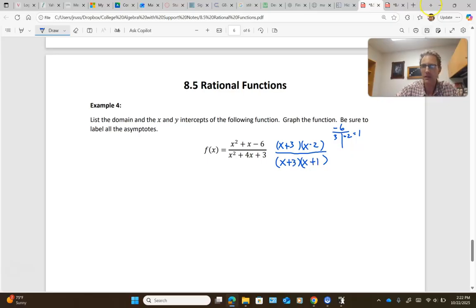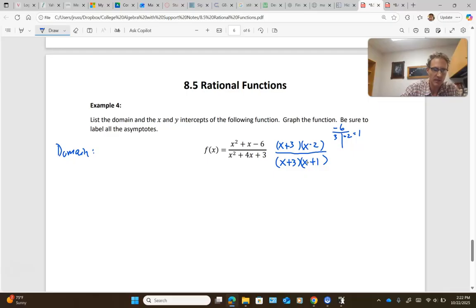Now, you'll notice there is a common factor here that we're going to be able to cancel. However, we don't need to worry about this until we first find the domain. So the domain comes from the denominator before you simplify anything. I've already got the denominator factored.